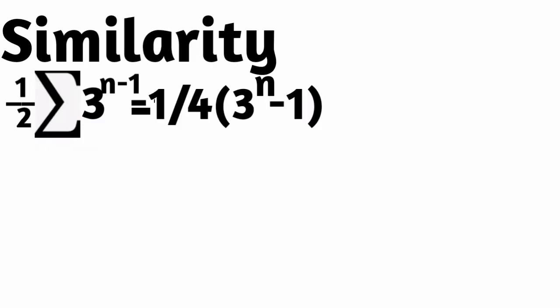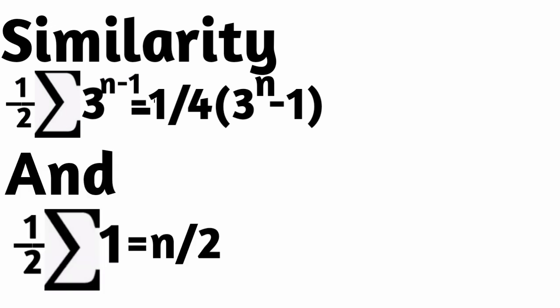Similarly, we can find the value of 1/2 sigma 3^(n-1), which is equal to (1/4)(3^n - 1). And we can also find the value of 1/2 sigma 1, which is equal to n/2.